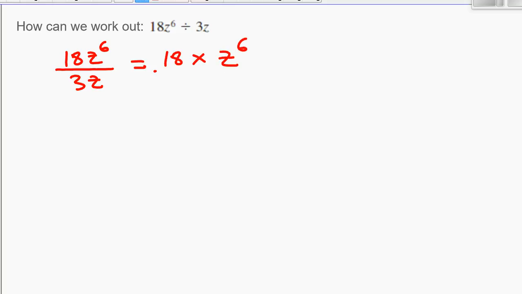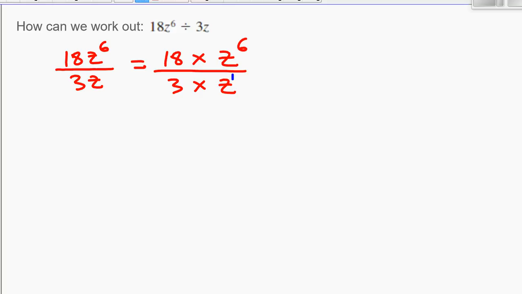Next, we have 18z to the power 6 divided by 3z. The first thing is we need to set it out. Same thing. So 18z to the power 6 over 3z. I'll rewrite it this way: 18 multiplied by z to the power 6 over 3 multiplied by z. Now, if you just have z by itself, we can write that as z to the power 1.